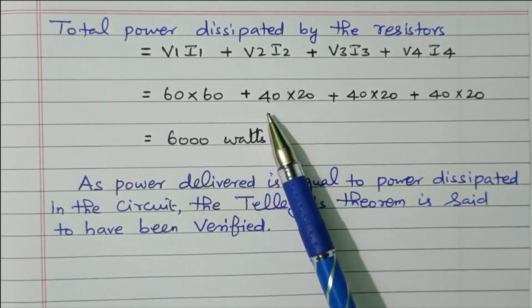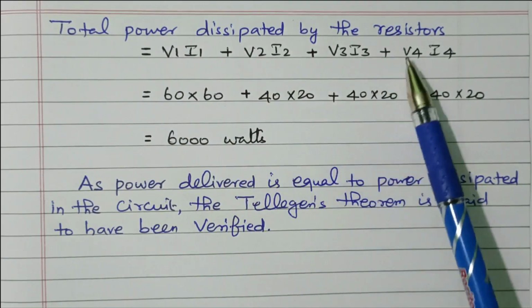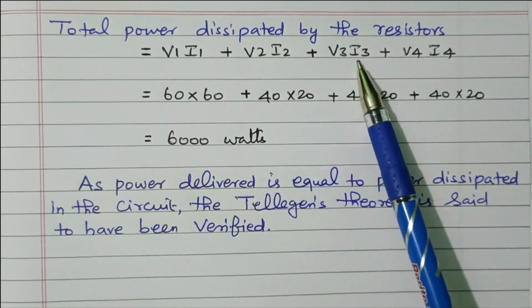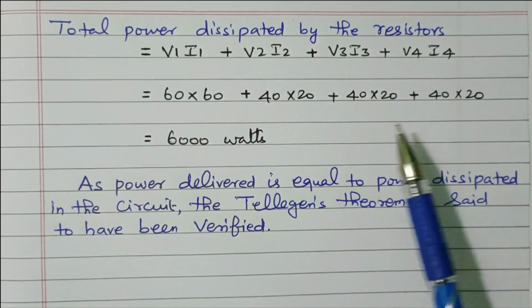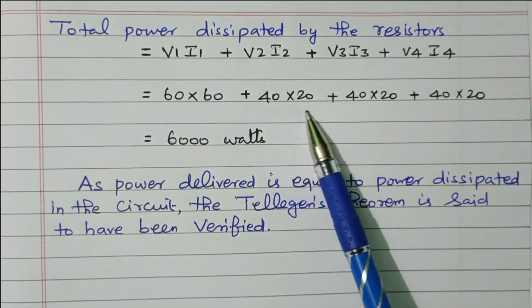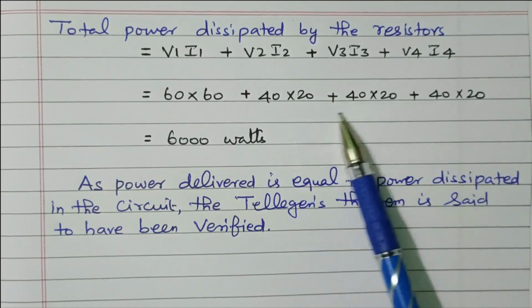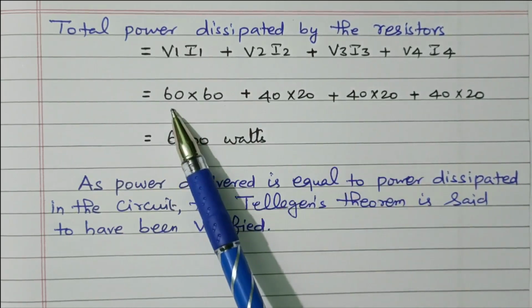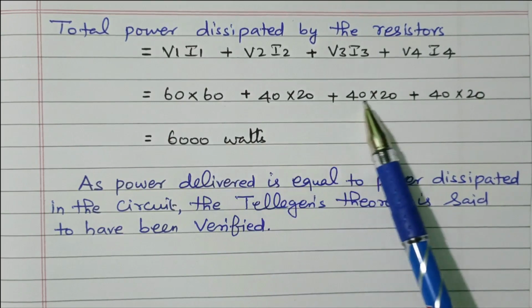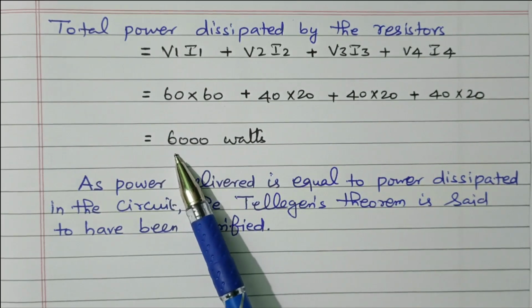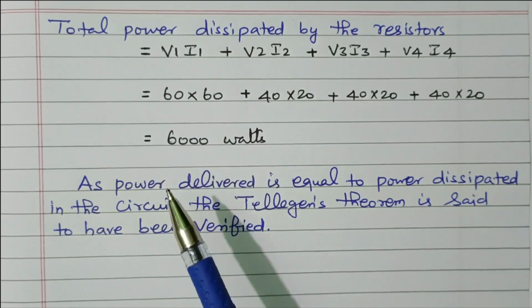V2 is 40 volts and V3, V4 are also 40 volts. Similarly, I2 is 20 ampere, and I3, I4 are also 20 ampere. So 40 into 20 for each of R2, R3, R4, and 60 into 60. By simplifying all this, we got 6000 watts. So the power dissipated is also 6000 watts.